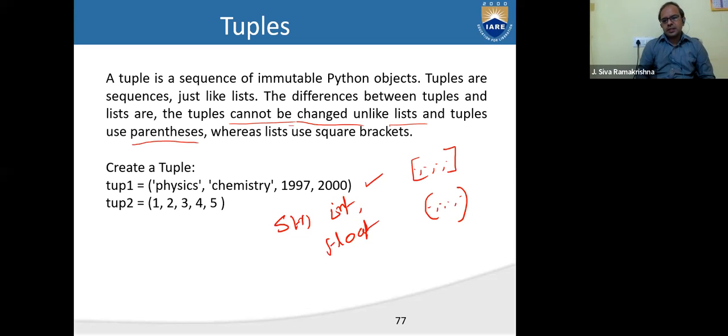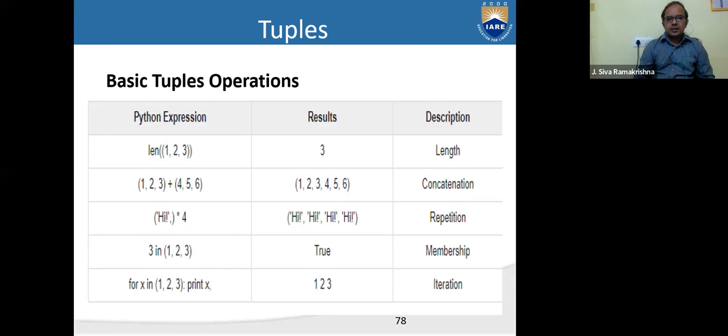Similar concepts apply to arrays, which we will see later. So this is a tuple example. Here I have two strings, physics and chemistry, and 1997 and 2000 are integers. And this is a second tuple where we have purely integer data types. That's all. So this is a representation of tuples.